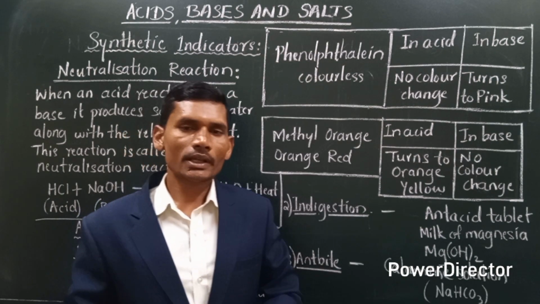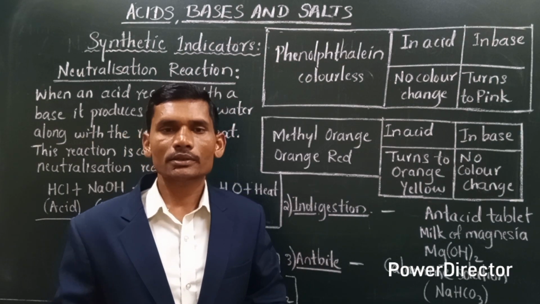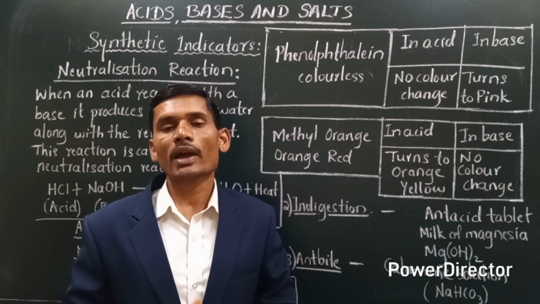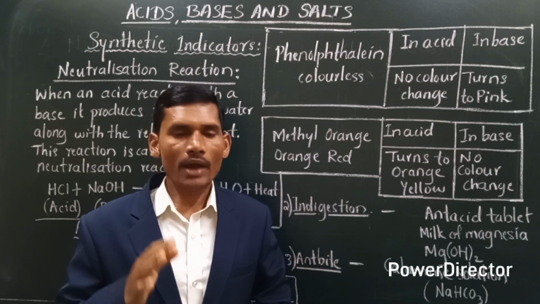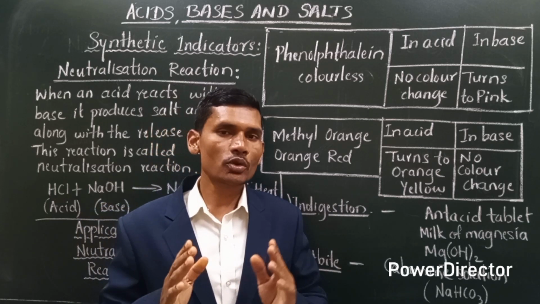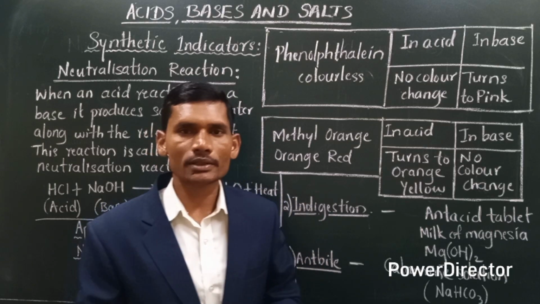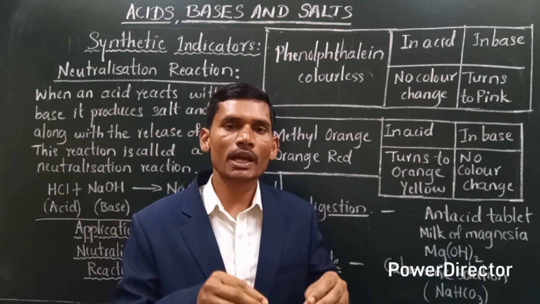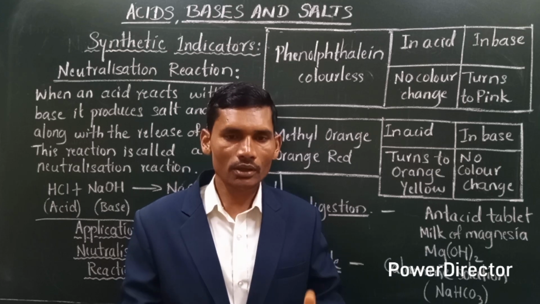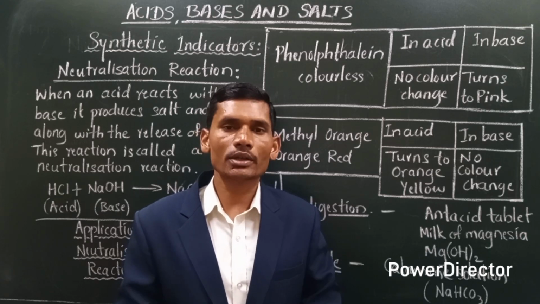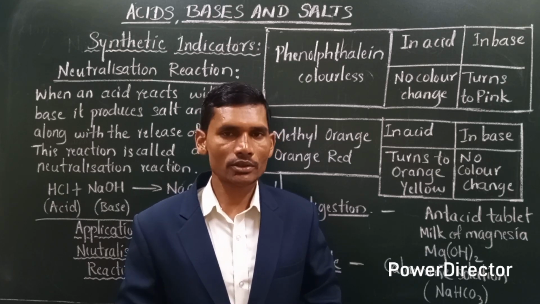Now let us see what happens to aquatic animals when factory wastewater is released. Factory wastewater contains so many acids. If it is released into river waters, the water bodies, the aquatic animals present in them will be killed due to the rise in the acidic character of the water. They will die.